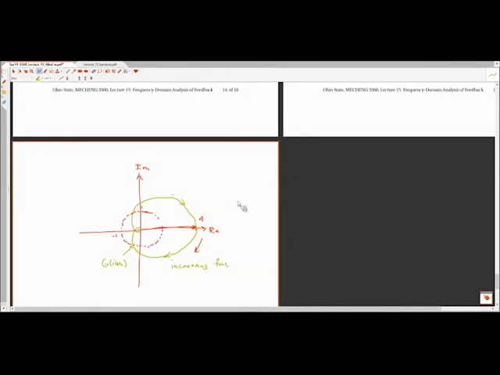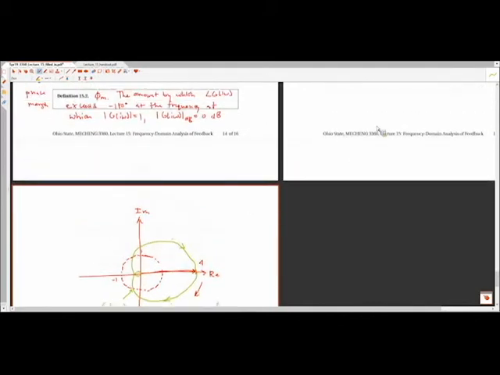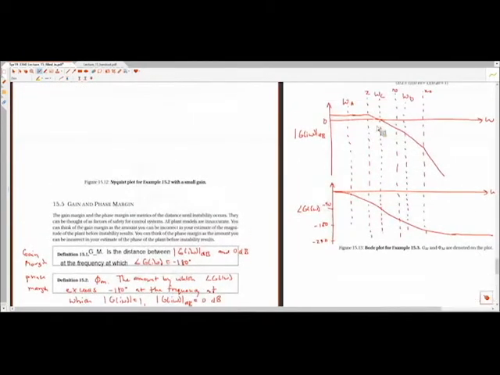Yes? Can you explain the omega c part again? Yeah, okay. So omega c is the crossover frequency. That's the frequency at which the magnitude is equal to 0 decibels. So on the Bode plot, that's where the magnitude plot crosses 0 decibels, and that's also equivalent to a magnitude of 1.